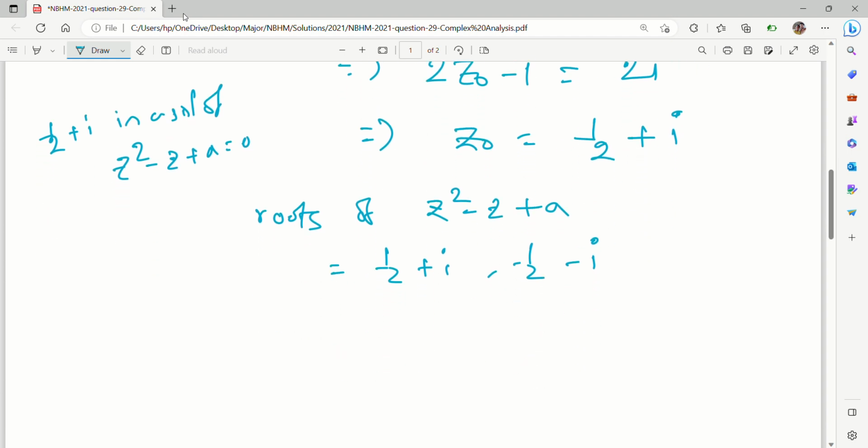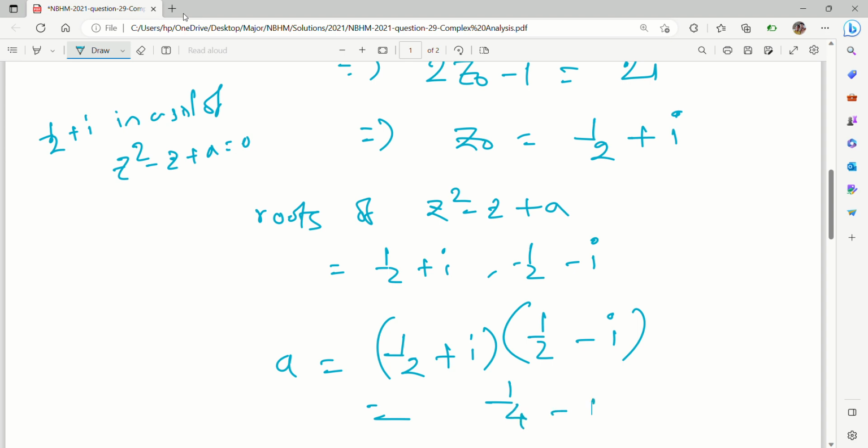So now we can calculate the value of a. a is nothing but the product of these roots, which is just Vieta's formula, if you want to give it a name. So this is equal to 1 upon 4 minus i square, which is equal to 5 by 4.